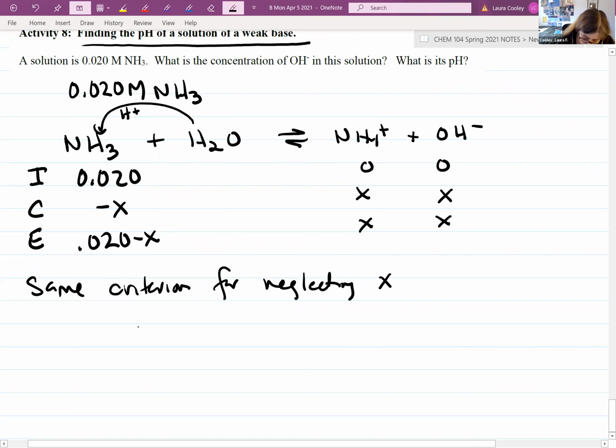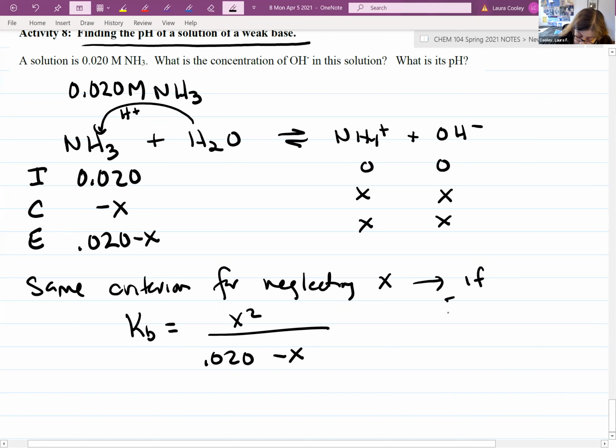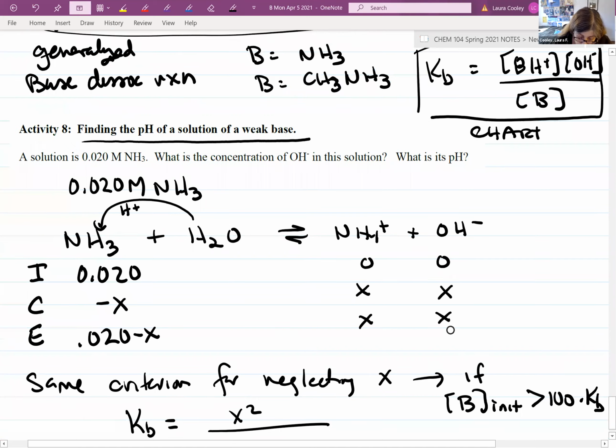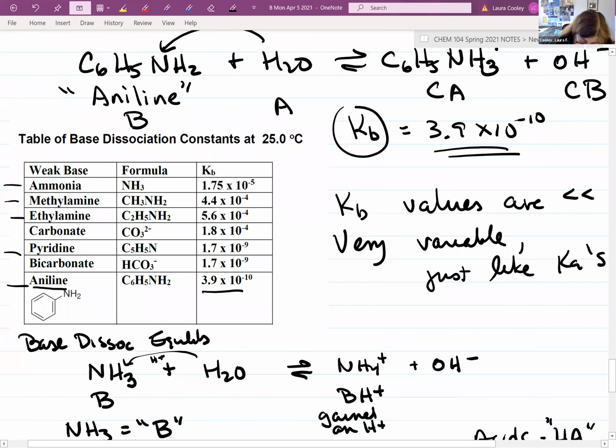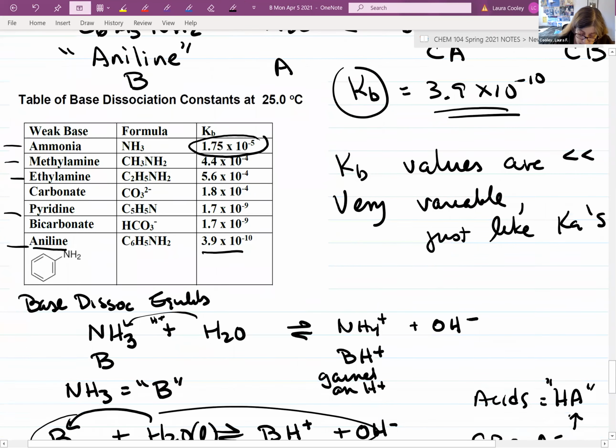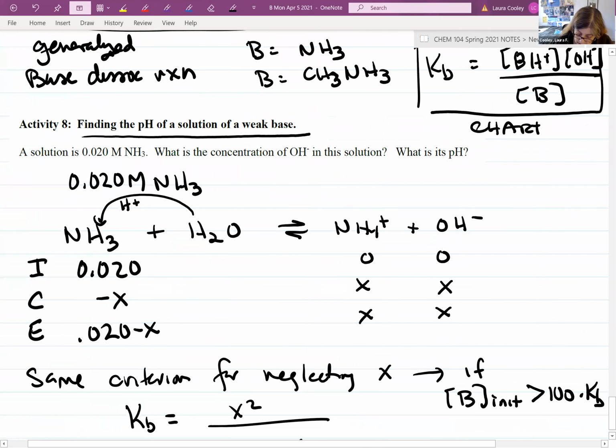So we would write that the Kb, the equilibrium constant, is x squared over 0.020 minus x. And you can neglect x if the original base concentration is greater than 100 times the Kb. So in this case, if we go back and look at our chart here, for ammonia, it's 1.75 times 10 to the negative fifth that is the Kb.